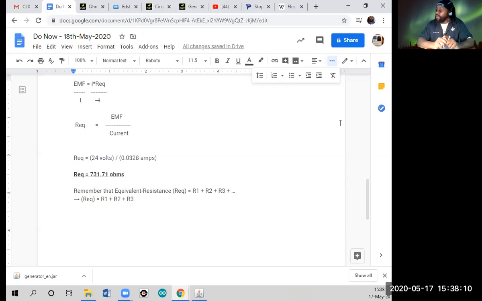But we only got 3, so this is the proper setup. But now we're going to use some algebra to solve for R3. So now, solve for R3 using some more algebra.